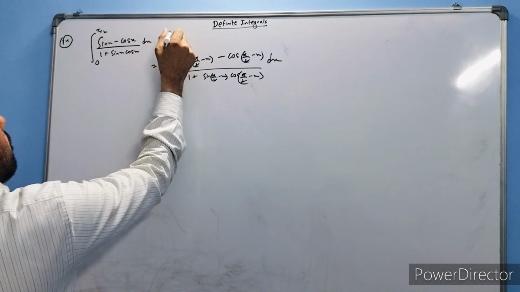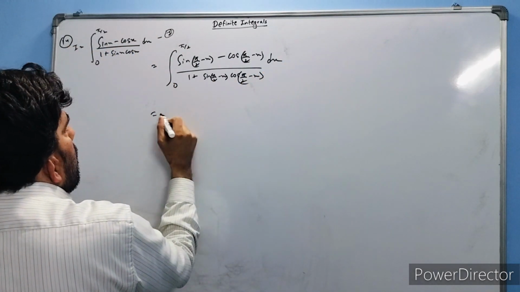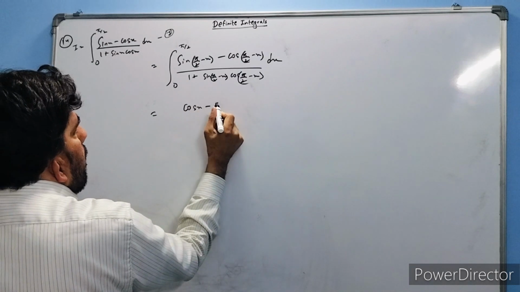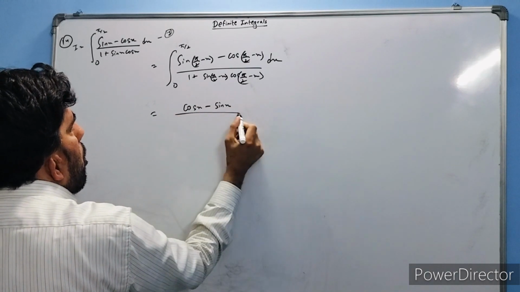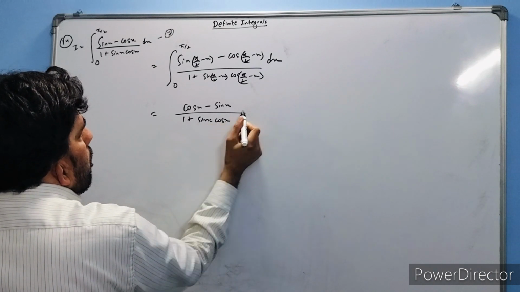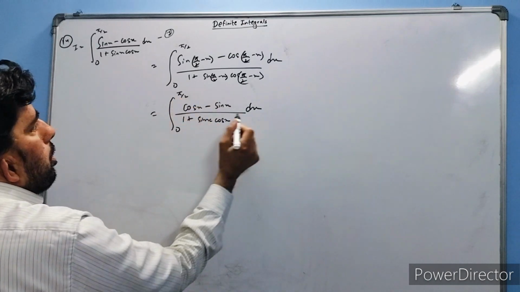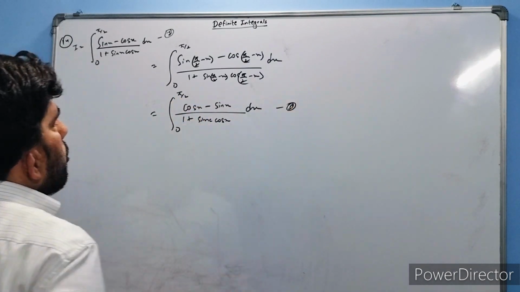So this is the first one. I is equal to cos x minus sin x upon 1 plus sin x cos x dx. Let it be 2.